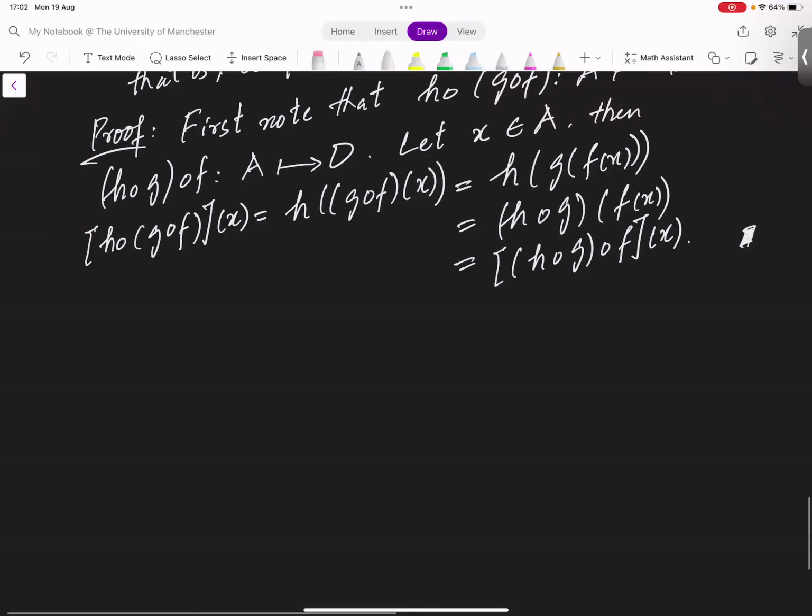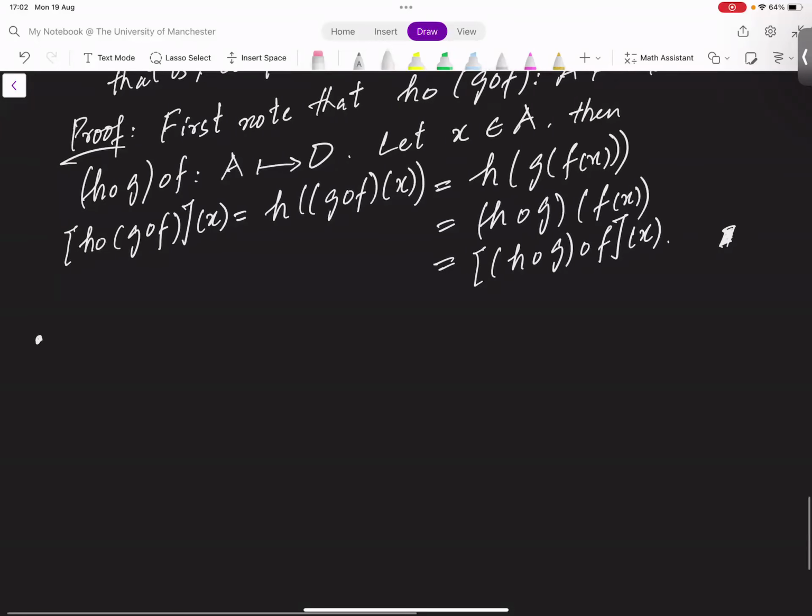Point to note. So let's say we have two sets, let A and B be sets.